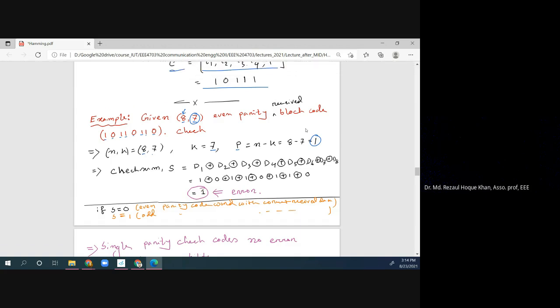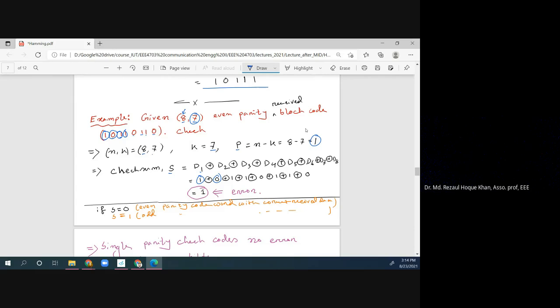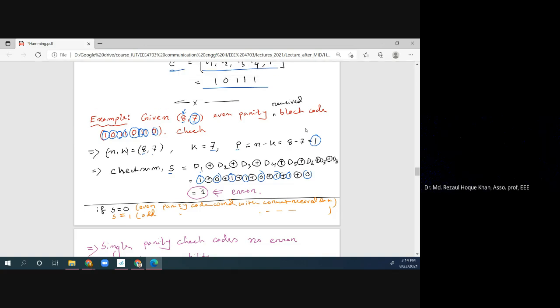The checksum is nothing but the XOR of the whole data. So you see 1 1 0 0 1 1 0 1 1 0. If you do this XOR, you get 1.